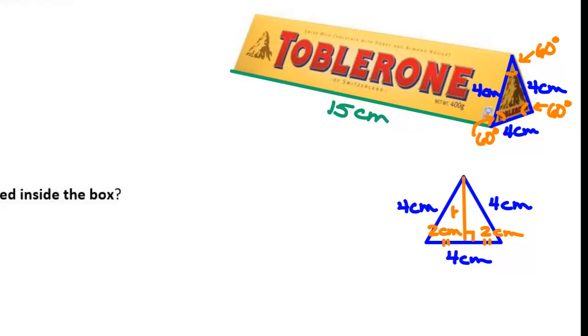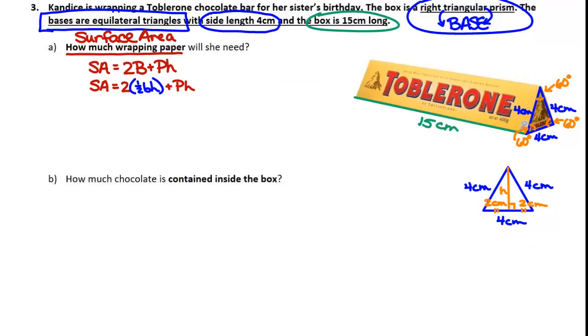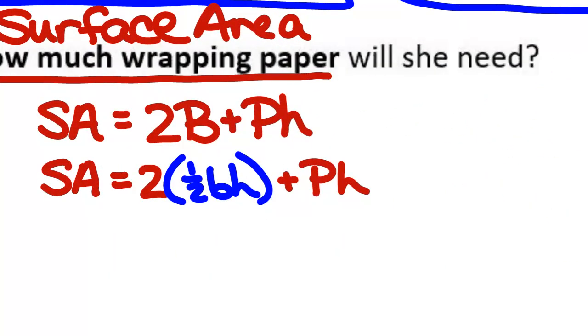Could I use the Pythagorean theorem to find that height? Absolutely I can, but I've got a faster way. Is 1/2 base times height the only way that we can find the area of a triangle? Something with sine.